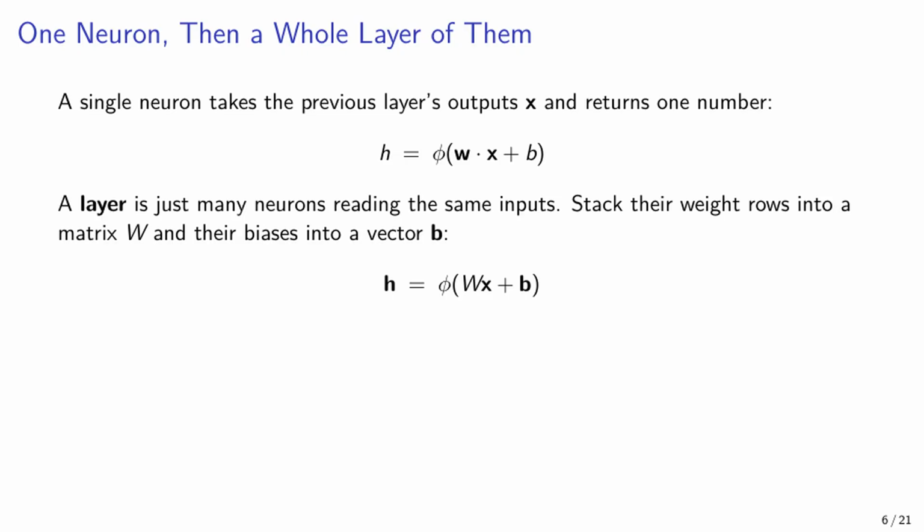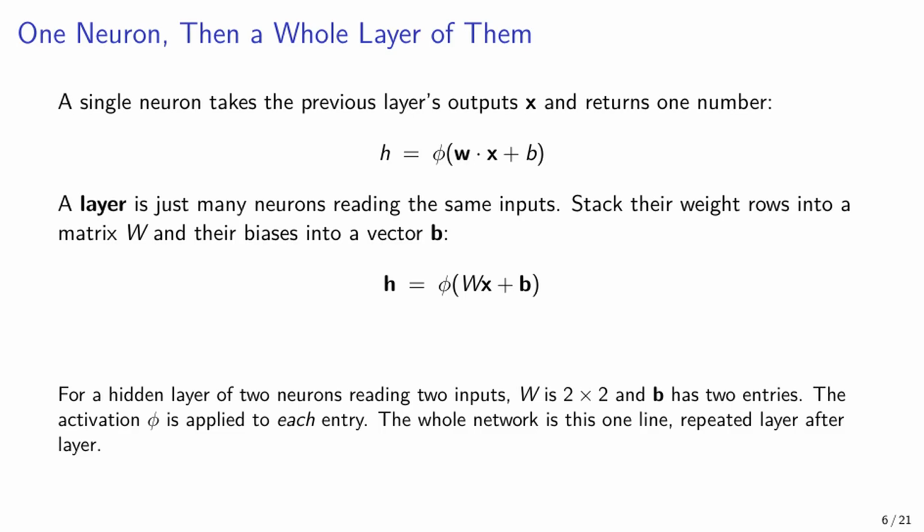Stack their weight rows into a matrix W and their biases into a vector b, and the whole layer is 1 line. h equals phi of Wx plus b, with the activation applied to each entry. That 1 line is the entire network, repeated layer after layer. If you can read that line, you can read any feed-forward network, no matter how deep.